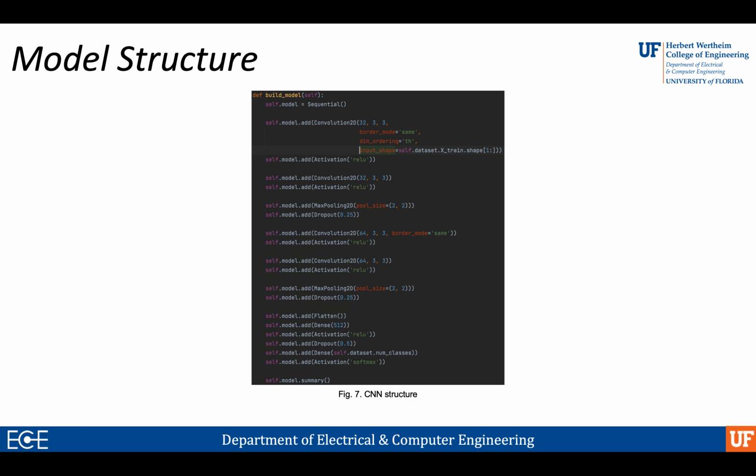So next, for the model I constructed in the project, here are the parameters of the layers. Here I have 4 convolutional layers, 2 pooling layers, and 2 fully connected layers.